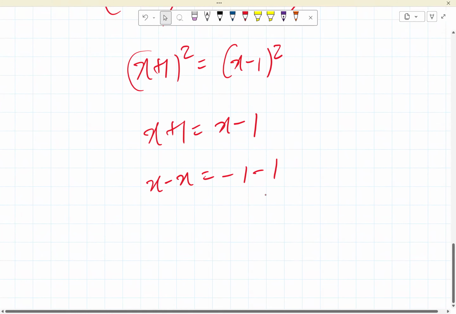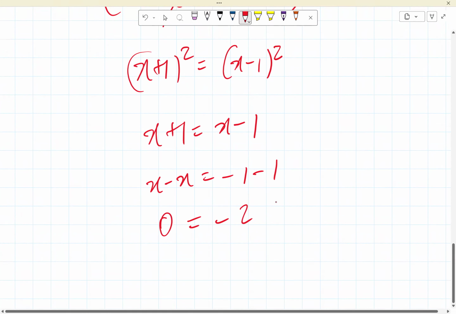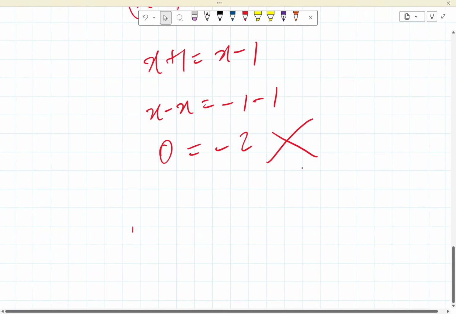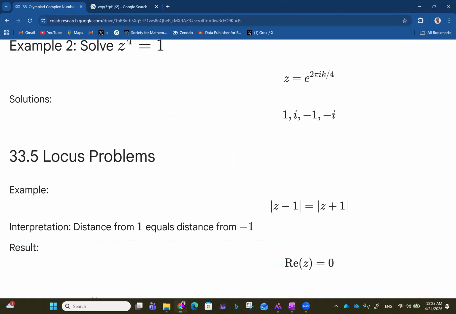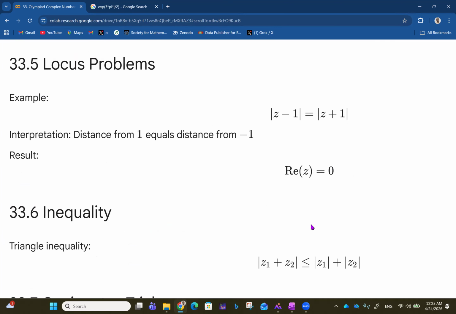Okay, so this is 0, this is minus 2. Makes no sense, and that is why it ended up that the real part of z is actually 0 in this case. Okay, so it doesn't hold water like that. So the result is that the real part of z has got to be 0 for that to hold. So like that.